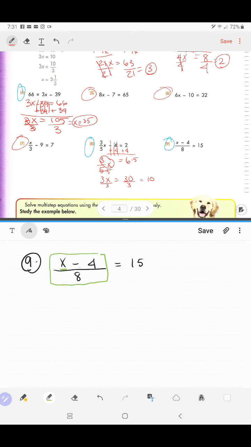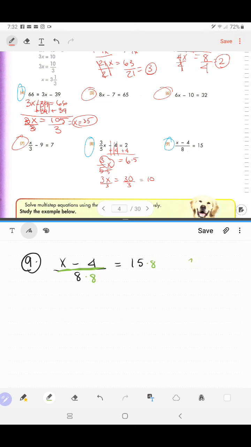So we can't do x's equals numbers as we usually do. For this, you have to first eliminate the bottom by multiplying because this means division. So you're going to multiply times 8 first.